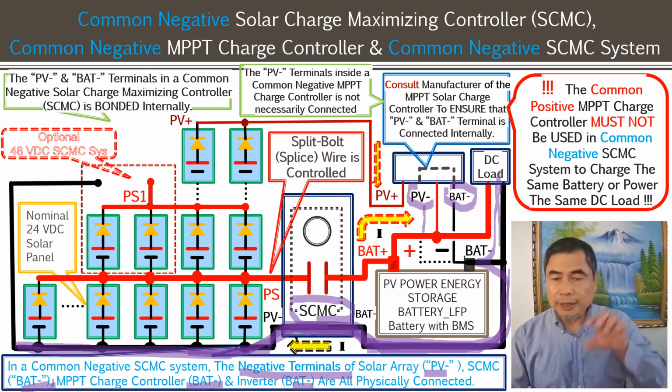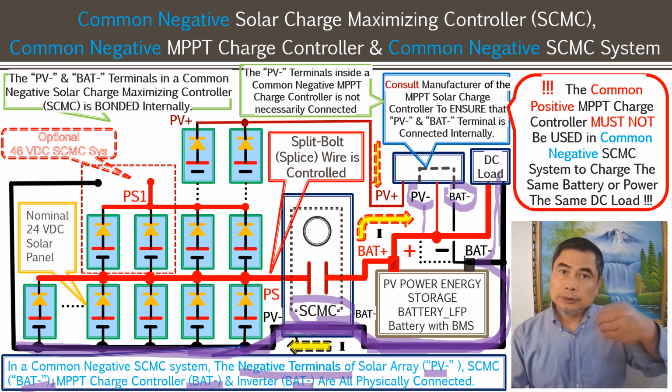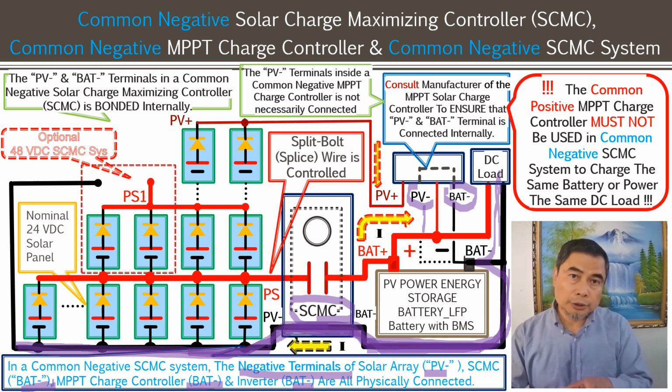If you find you cannot connect, you have voltage differences, it doesn't work. You're causing a short. So that's why we cannot mix them up with common positive. But we still have an option to have a common positive MPPT solar charge controller in the negative system, but you have to make sure it's charging a different battery bank.